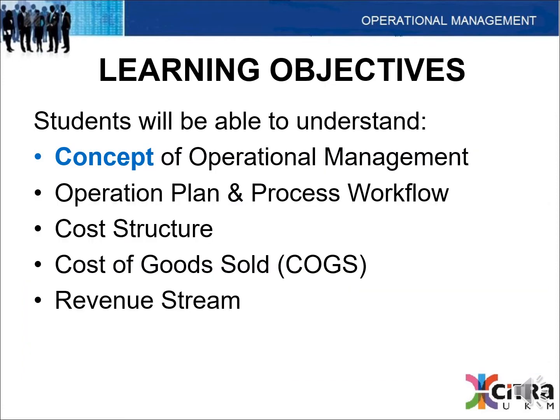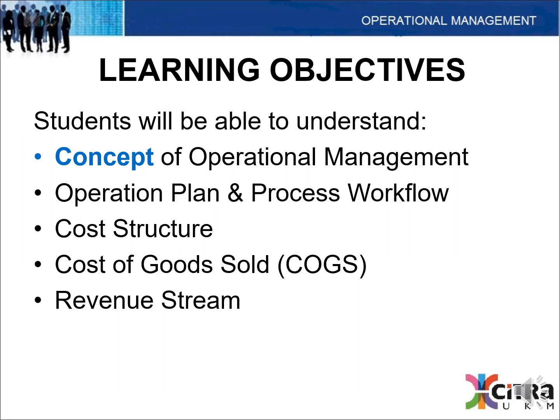So in this module, the learning objective is that at the end of the module, the student should understand the concept of operational management. The first part is I will touch on the operation management overall, and then you should know the operation plan and the process workflow, meaning how your product is being produced.